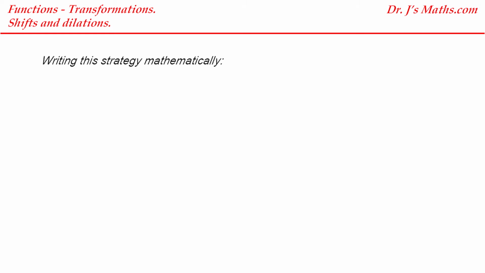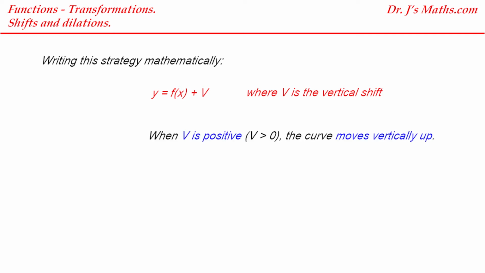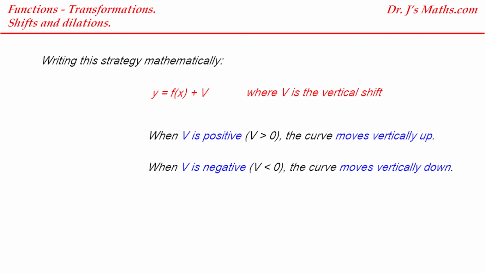Writing this strategy mathematically, we can say y is equal to f(x) plus v, where v is the vertical shift. When v is positive, then the curve moves vertically upwards. When v is negative, the curve moves vertically downwards.